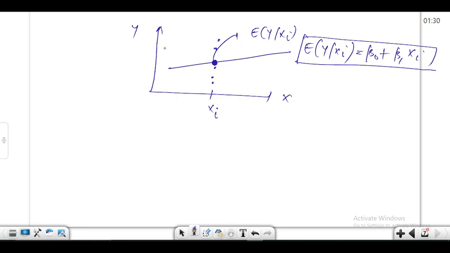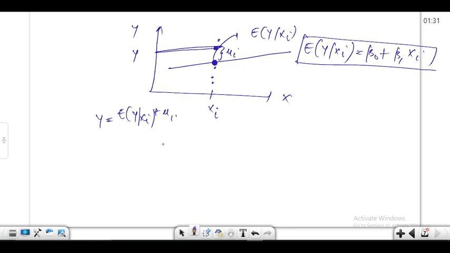So if suppose this is your y, I can write y is equal to the expected value of y given xi plus ui. And what is ui? ui is basically this gap. So this y value is basically this expected value plus some error term.